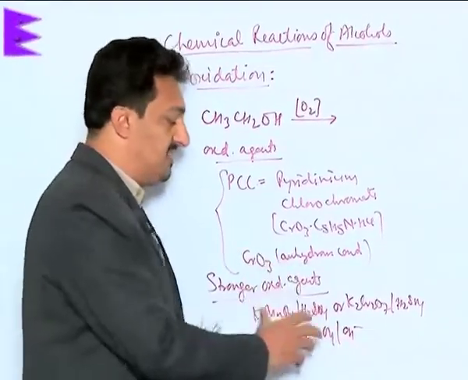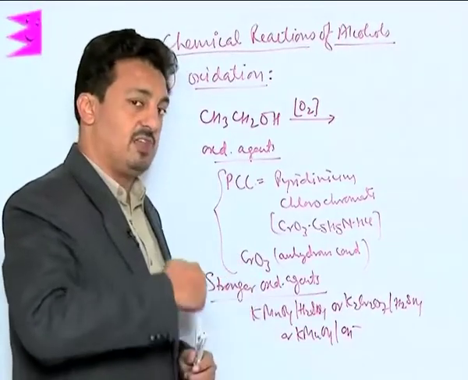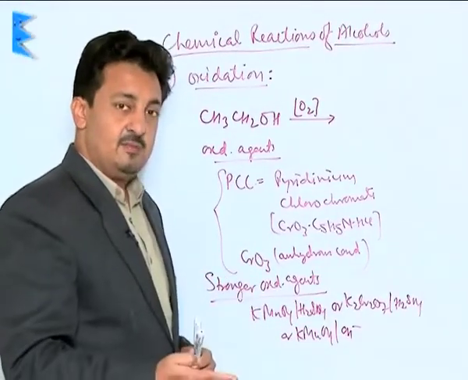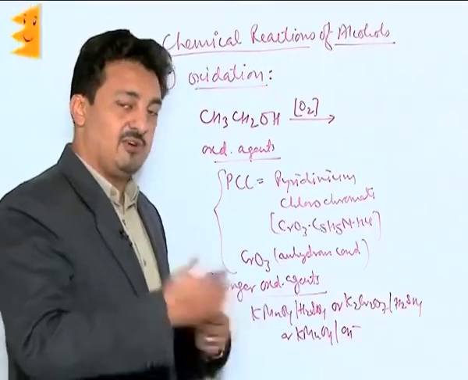But the problem with these strong oxidizing agents is that they oxidize further the aldehyde formed to the corresponding carboxylic acid. Therefore, if you want aldehyde, they have to be distilled out immediately as they get further oxidized.